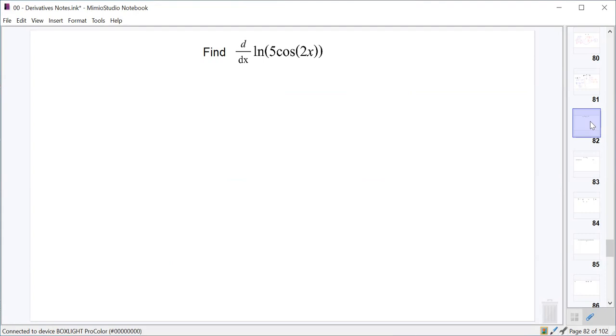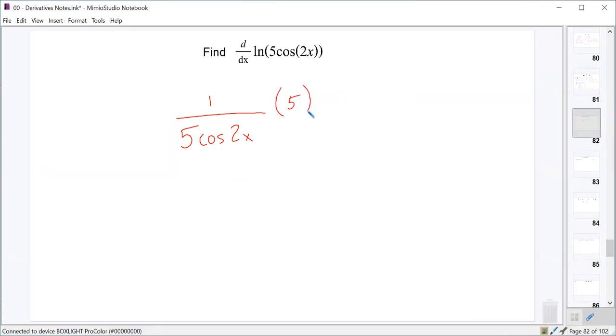If we want to take the derivative of the natural log of 5 cosine of 2x, we'll just treat this like natural log of u. So our derivative will be 1 over u times the derivative of u, and the derivative of 5 cosine 2x ought to have 5.